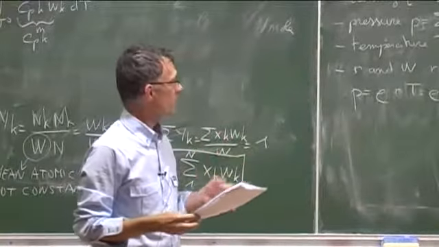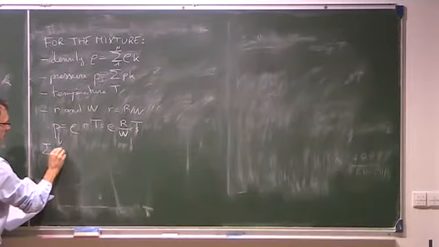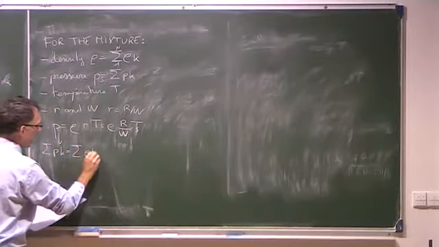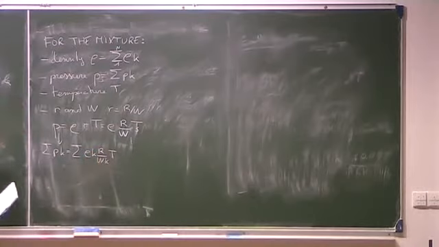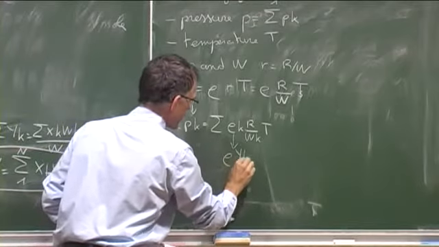So there's a second relation you can see right away here, because P is equal to the sum of the pKs. So it's equal to the sum of rho k R over Wk T. And rho k here is nothing else than rho Yk.